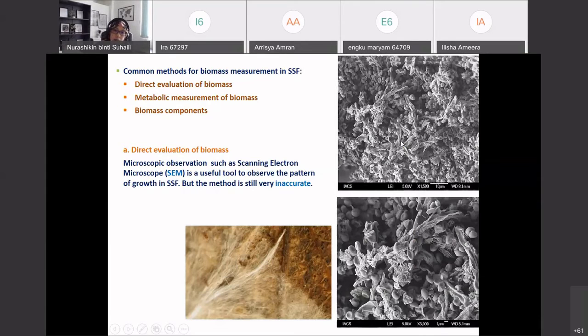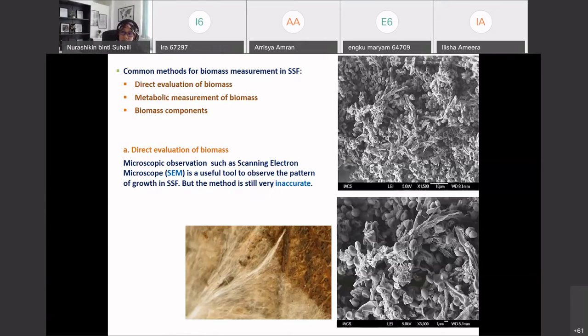Okay. Although it is possible to monitor or observe the morphology, it's still difficult for us to quantify how much the growth is from, let's say, day 0, day 4, day 8.